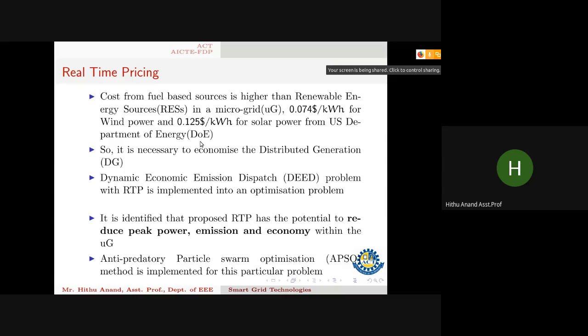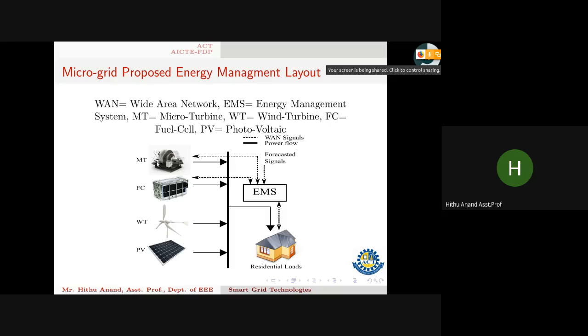So when I used that to calculate the economic dispatch problem within this microgrid and fuel cell, I identified that the cost of power generation from wind and solar is lower than the fuel-based sources in a microgrid, but it is not the case for conventional power generation like thermal power generation.